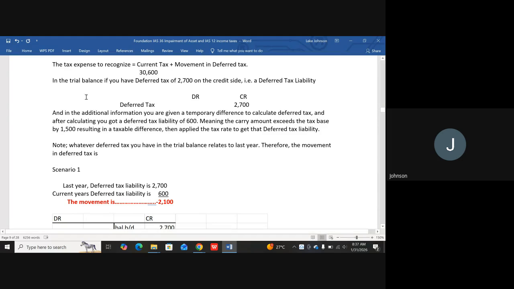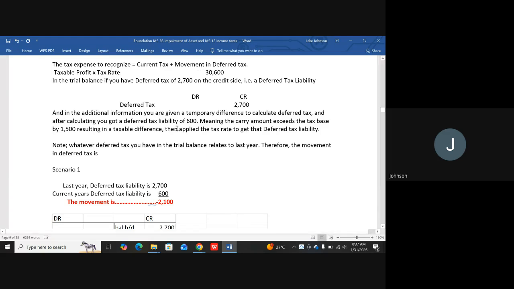So to get our current tax, we say taxable profit multiplied by the tax rate.